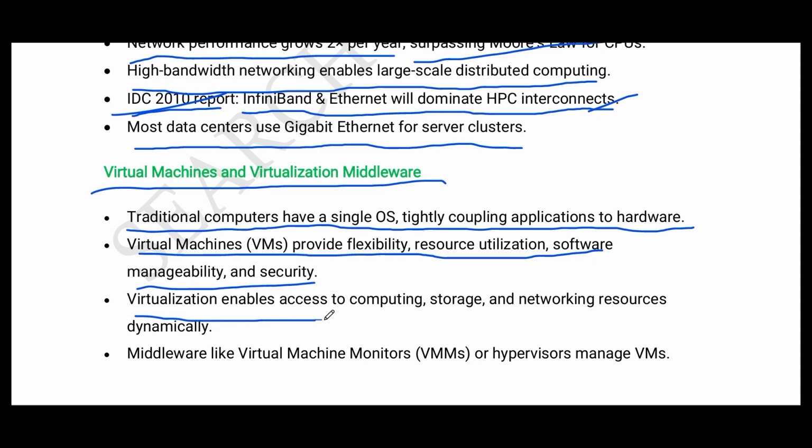Virtualization enables access to computing, storage, and network resources dynamically. Dynamically means changing; it's not static.